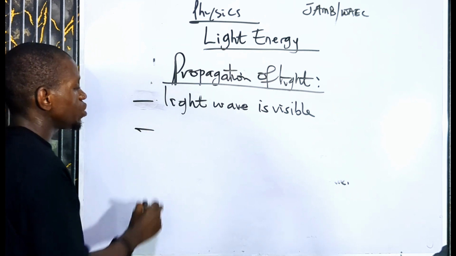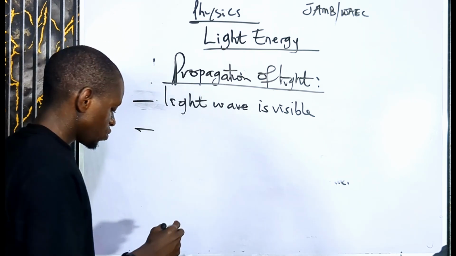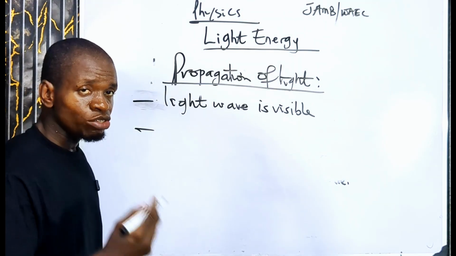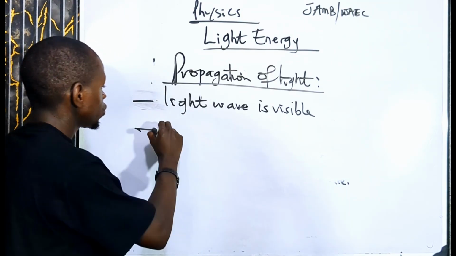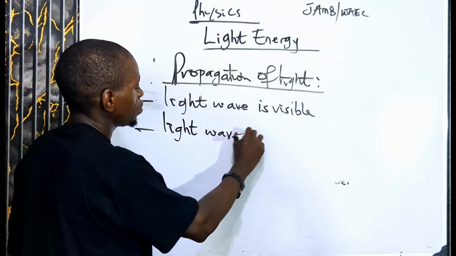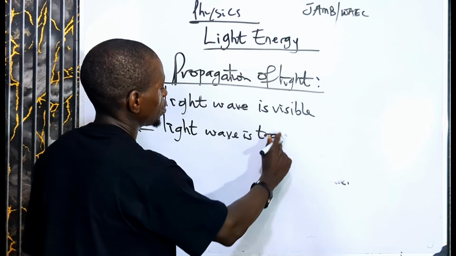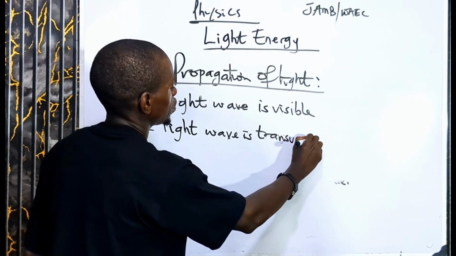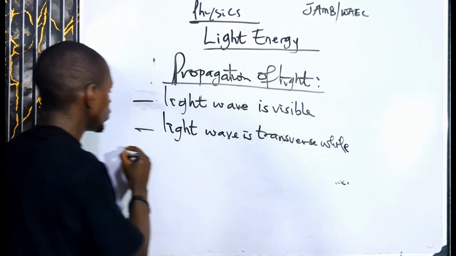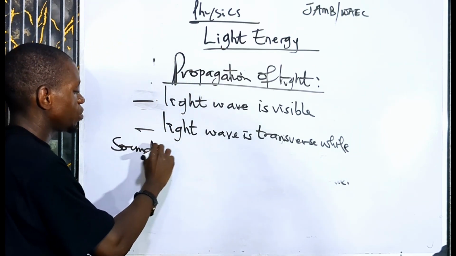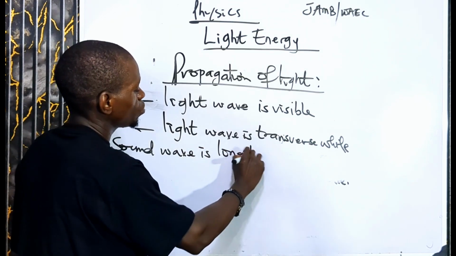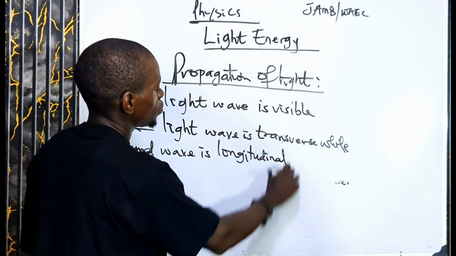Then another feature that you need to know is that light wave is transverse. All electromagnetic waves are transverse. So light wave is transverse, while sound wave is longitudinal.